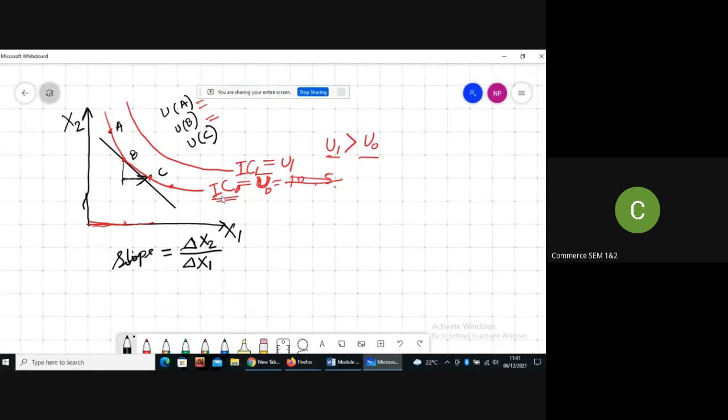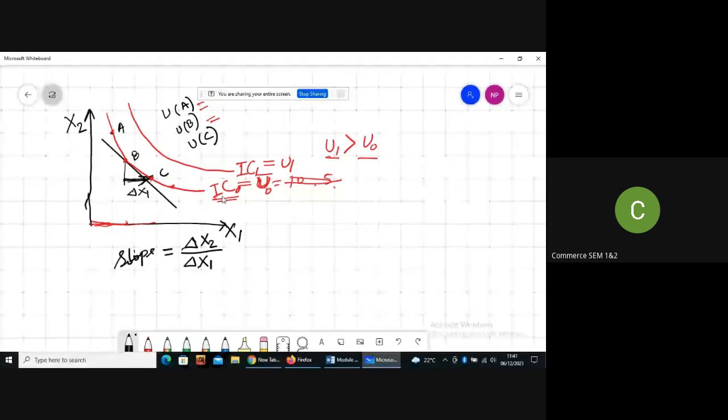So this difference is nothing but your delta x1. So delta x1 is positive. You are getting more of x1 if you move from point B to point C.